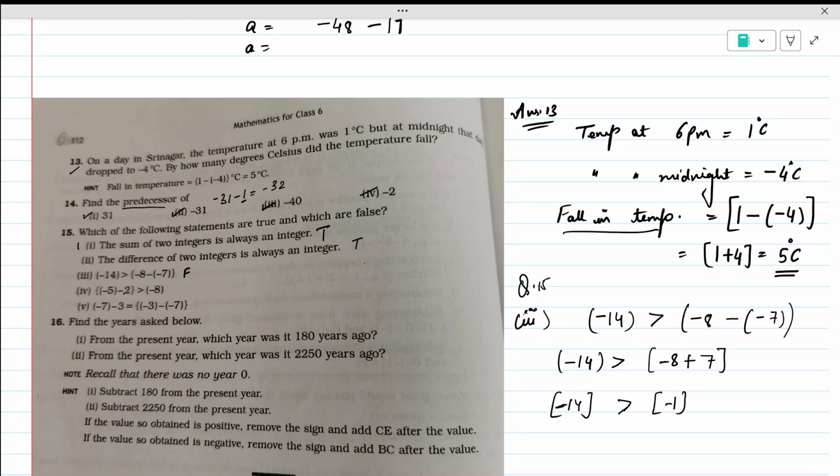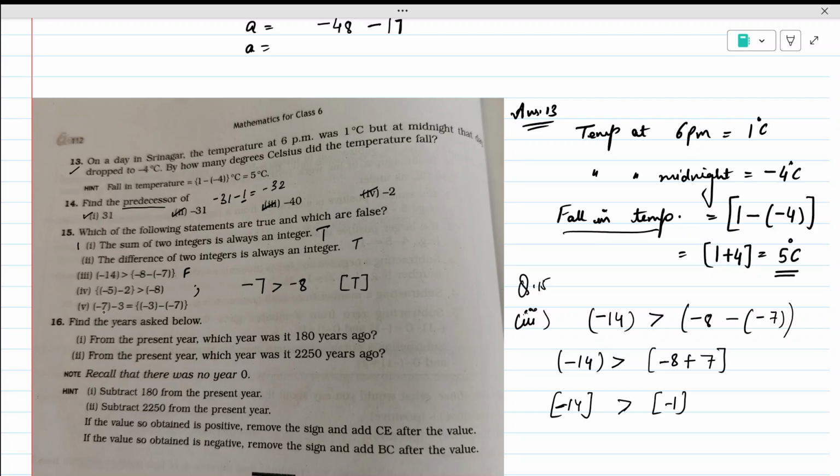So minus 5 minus 2 will give us minus 7, right? Minus 7 is greater than minus 8. Is it true? Yes, this is true, because minus 7 is on the right side of minus 8. The value of the negative number minus 8 is less than minus 7.